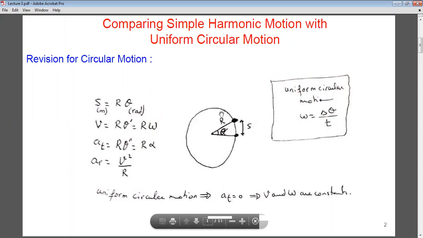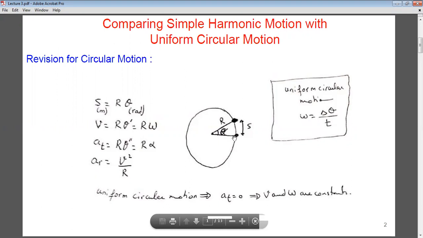How do we explain the location of the sphere? One way is by saying it's making an angle theta with this axis over here, and it's at a distance r from the center. So this is one way to describe it.